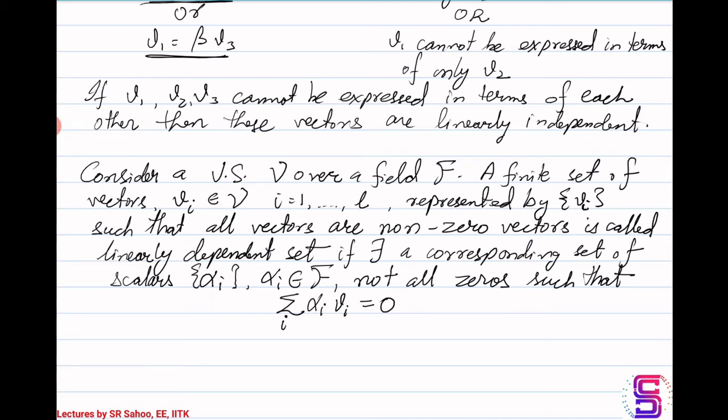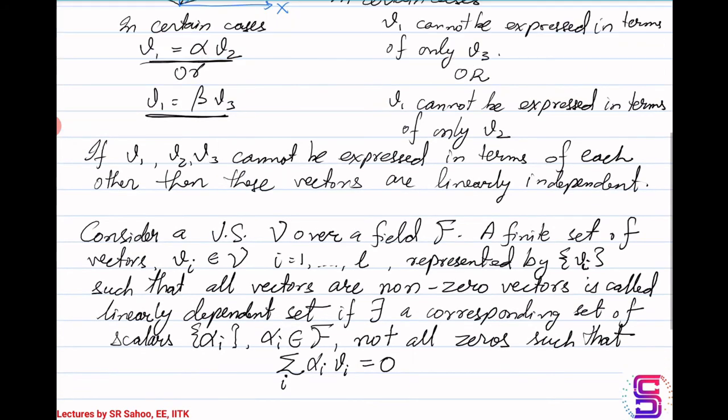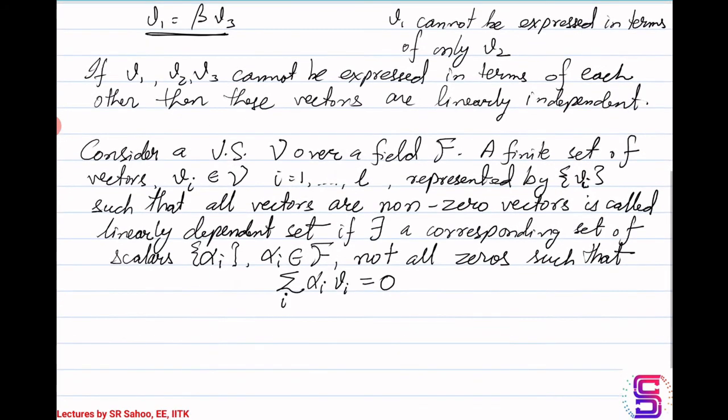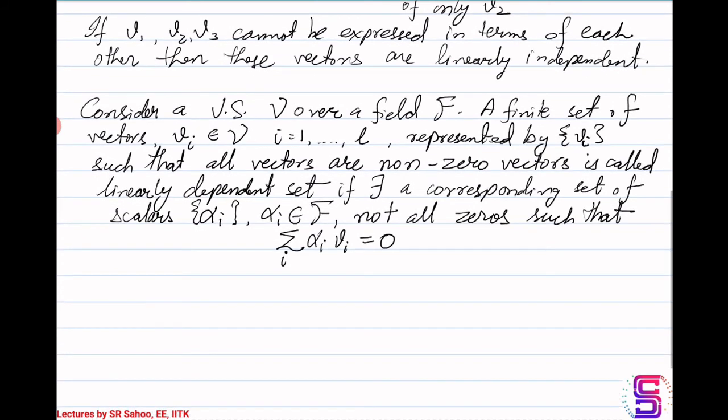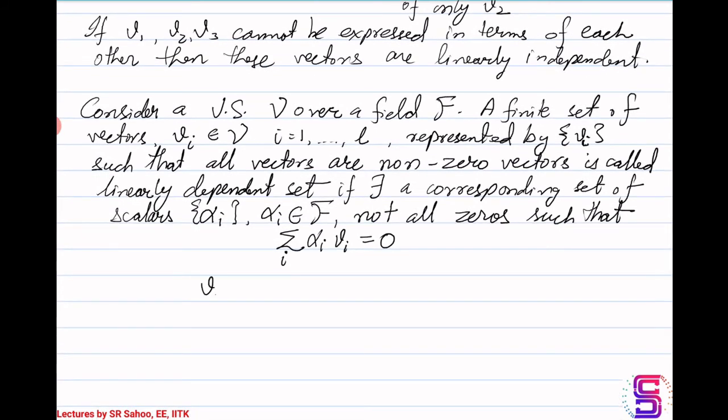Okay. So for example, in the above case where we had considered a set of three vectors, what we said was v1 is alpha v2 plus beta v3. Of course, alpha and beta, at least one of them is not zero. This is essentially nothing but v1 minus alpha v2 minus beta v3 equal to 0.